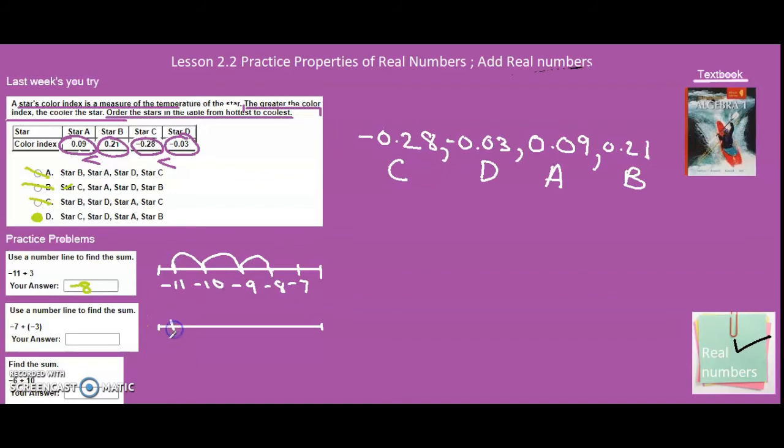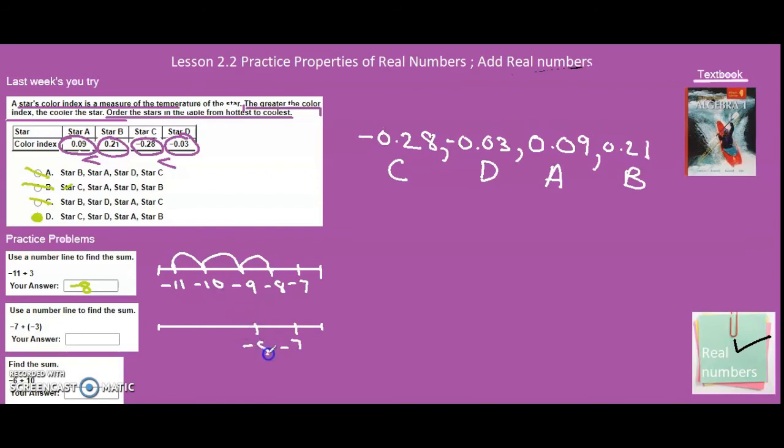This time we're subtracting. How do we know? Negative 3 has brackets around it, so plus minus is minus, and we know we're subtracting 3. Let's put negative 7 here.